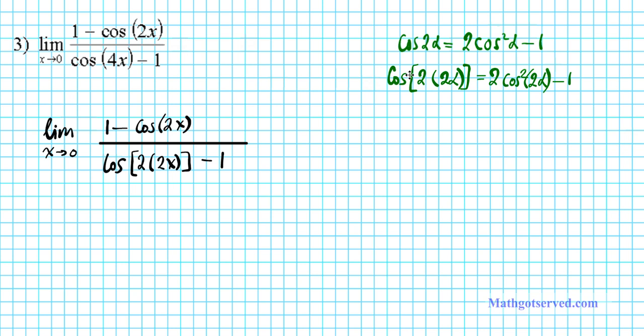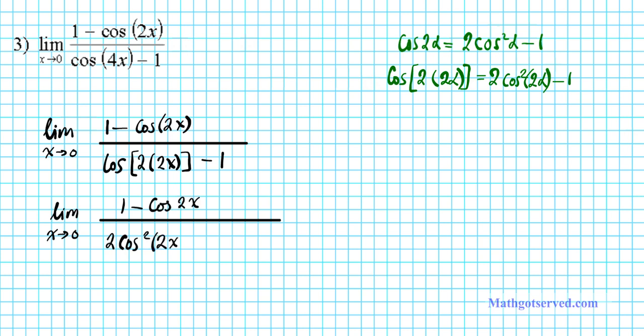Think about alpha as 2x here. Our limit now becomes the limit as x approaches 0 of 1 minus cosine 2x divided by, in the denominator, 2 cosine squared 2x minus 1. Let's go ahead and write that down. So it's going to be 2 cosine squared 2x.